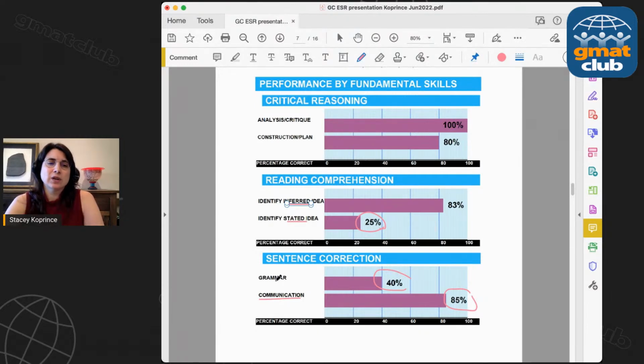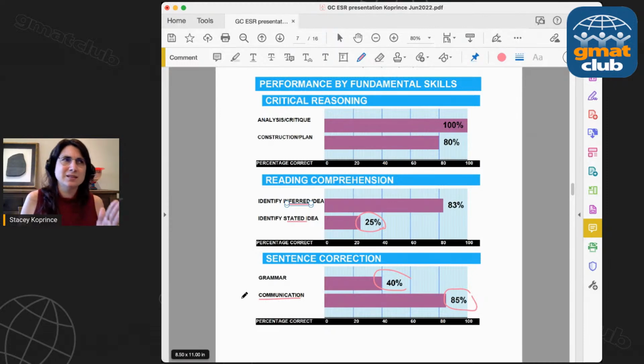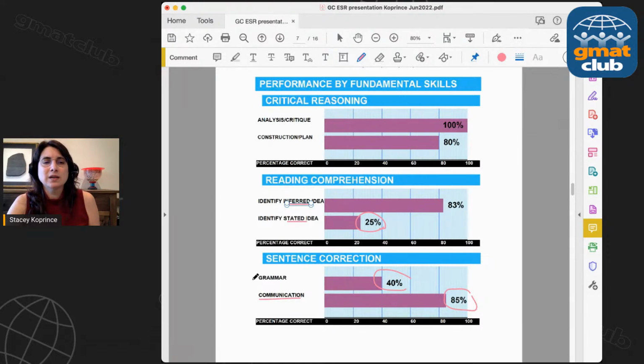And so that's the focus: trust your ear, trust yourself when it's really about, hey, this doesn't make sense, or this is illogical. But when it's about, hey, what's the subject verb agreement here? Or hey, is parallelism constructed correctly in this sentence? Make yourself actually go in and pick out the parts of the sentence that need to match. And don't just rely on your ear as much on those.